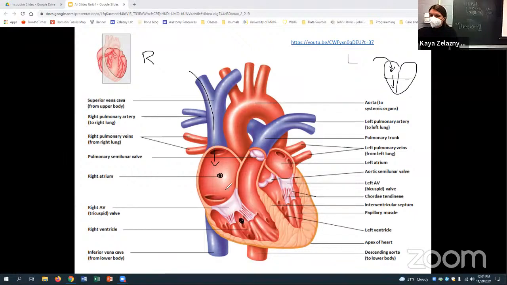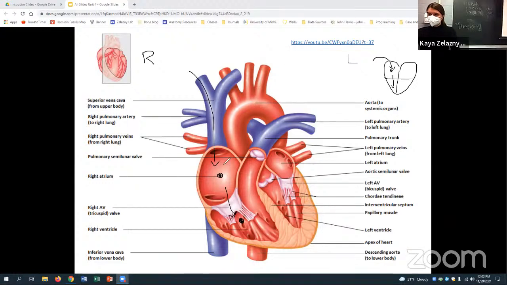To pass between the two, we go through what we refer to as our right AV valve, or the tricuspid valve. Here we can see two of the cusps. There would be a third if we were in 3D. This is a cusp, that's another cusp, and they're connected to muscles called papillary muscles coming out of the walls of the ventricle.